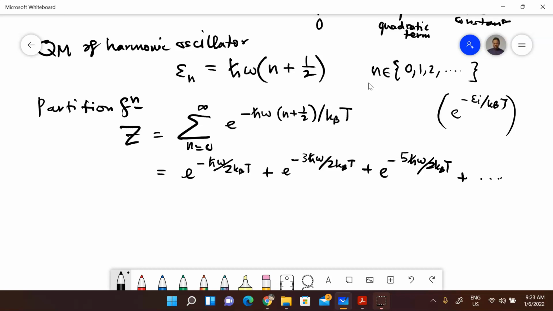So in other words, this is really a geometric progression with r equal to e to the minus h bar omega on kBT. So you multiply this by that, then you get that, and this with that, and then you get that, and so on and so forth.